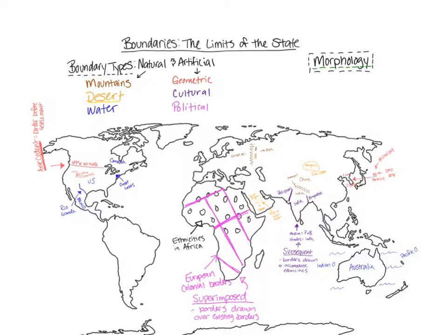Morphology just means the shapes of states, okay? We have taught morphology using Africa, but since Africa already has so many political borders, we decided to choose different countries to show the shapes of states, or morphology.